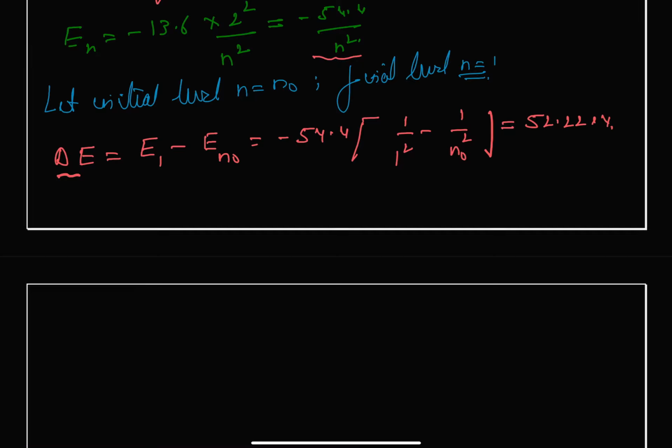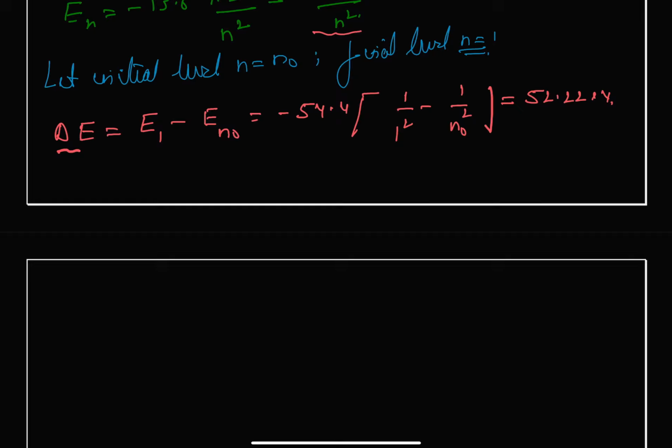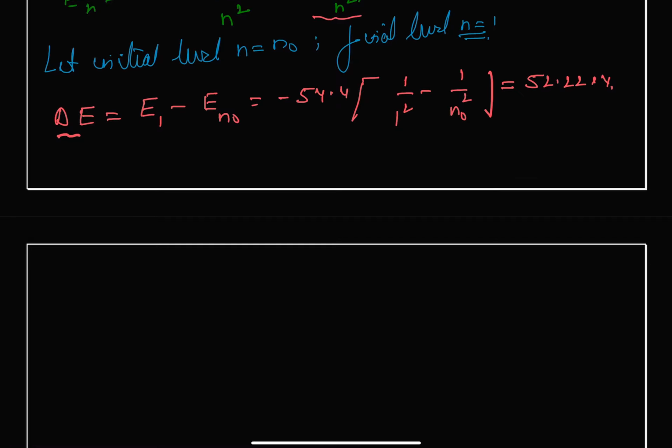And now it is simple calculation. You can say that our 1 minus 1 upon n naught square is equal to 52.22 divided by 54.4, and this will be coming approximately as 0.96.